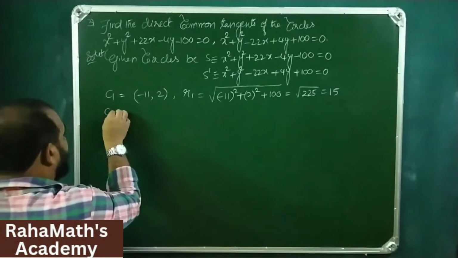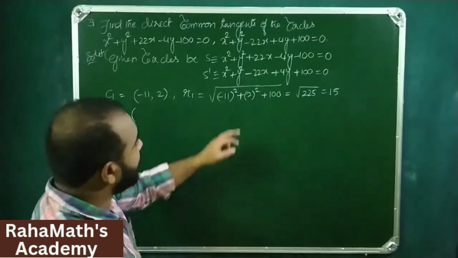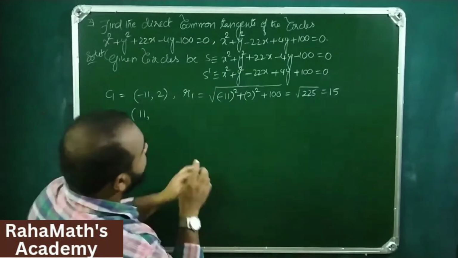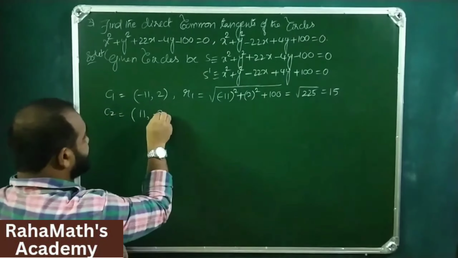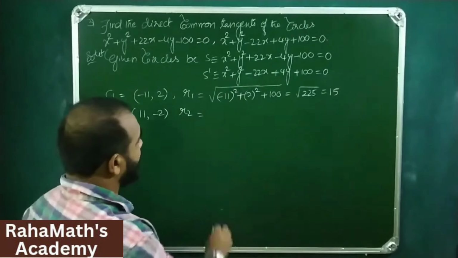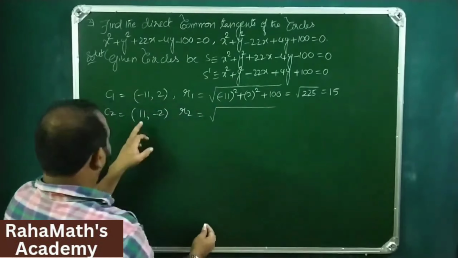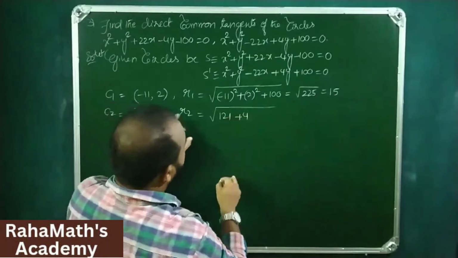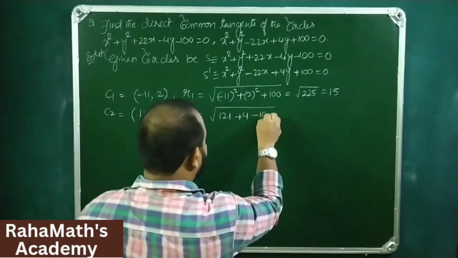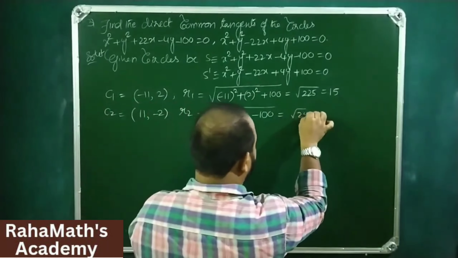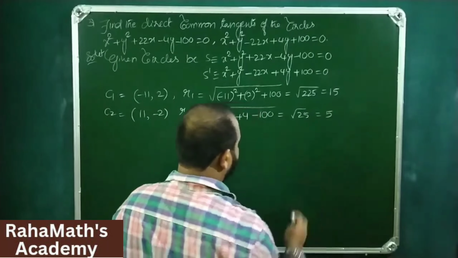Likewise, let us find the center of the second circle. So this is 11 comma minus 2. Let R2 be the radius of the second circle. So square root of 11 square 121, 2 square 4, minus 100. So this is 125 minus 100, root 25, which is 5.